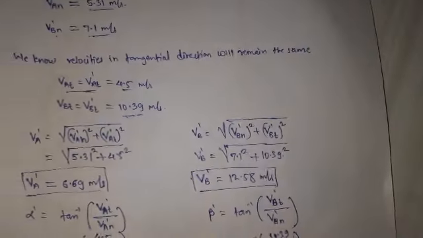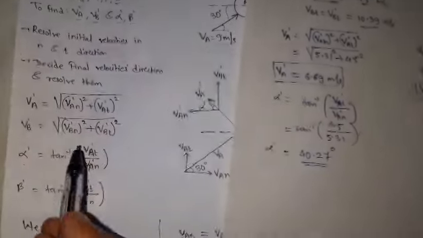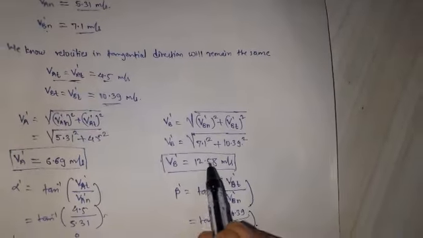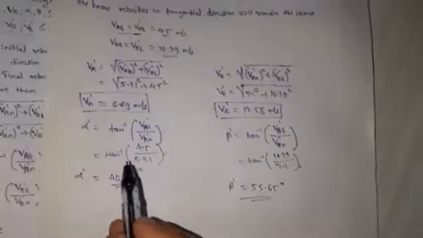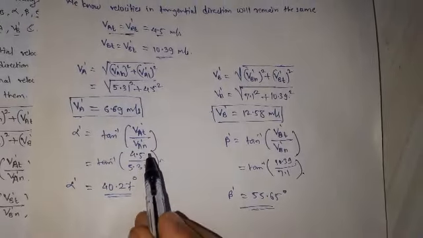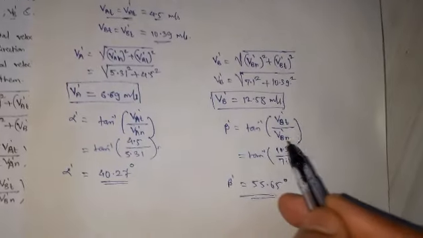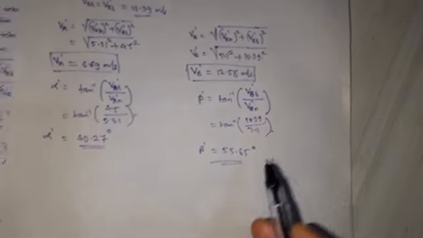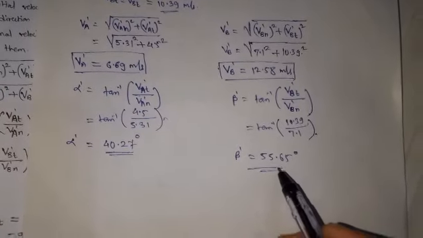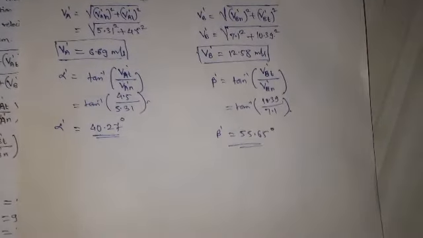Similarly, put these values in this formula and we'll get vb dash, and the angles as well. Alpha dash is equal to tan inverse of this. So just put the values of vat dash and van dash, and you will get alpha dash as 40.27 and beta dash as 55.67.